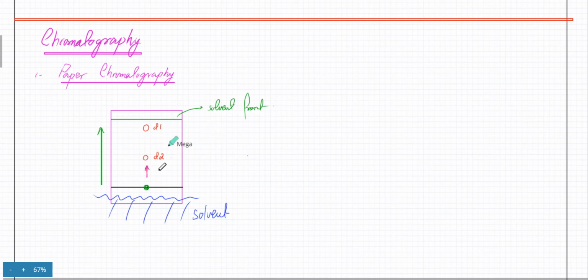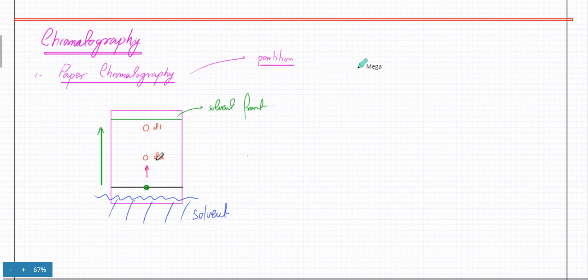अच्छा ये मैं बता रहा हूँ कि dyes separate because of there's a concept called partition and you'll be asked about this. I'm going to talk about partition in a bit more detail. Partition is dyes separate because they have different solubilities. ठीक है, for example, dye 1 would be more soluble in the solvent, तो वो उसके साथ साथ it would travel upwards. Dye 2 might not be very soluble, so it just remains behind.